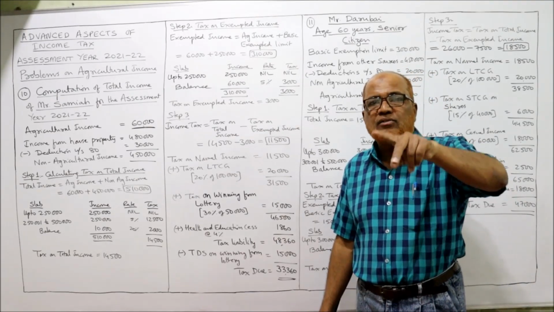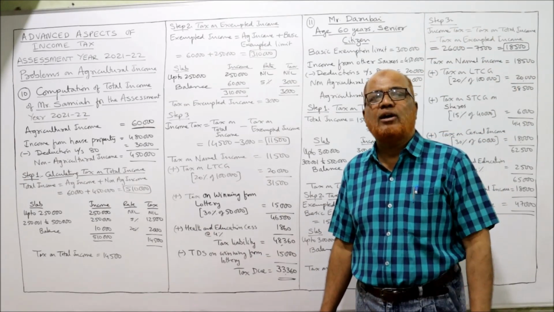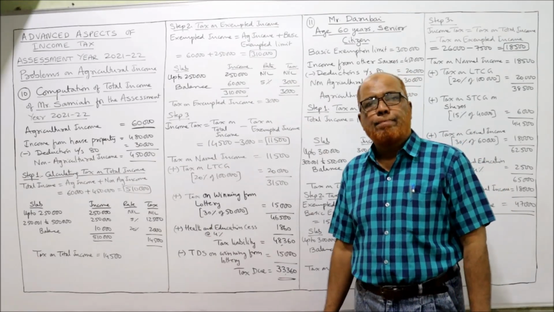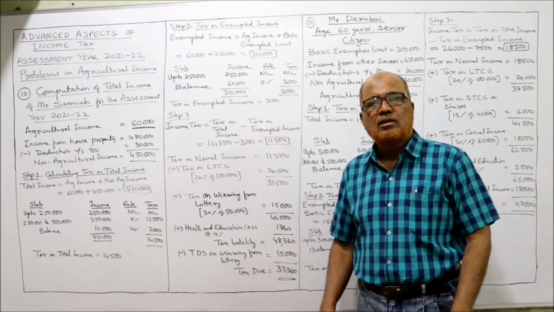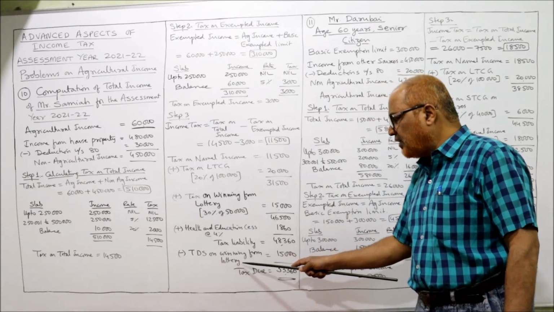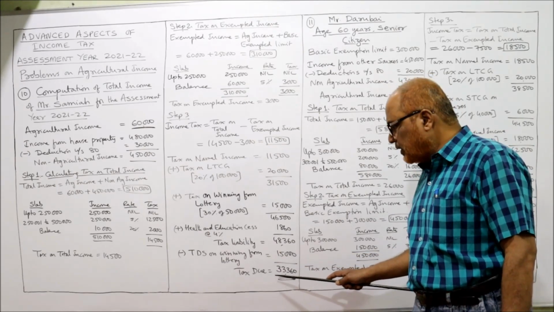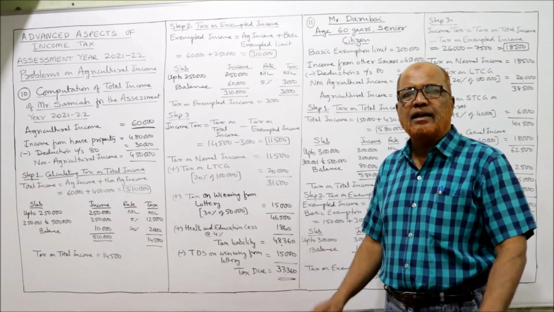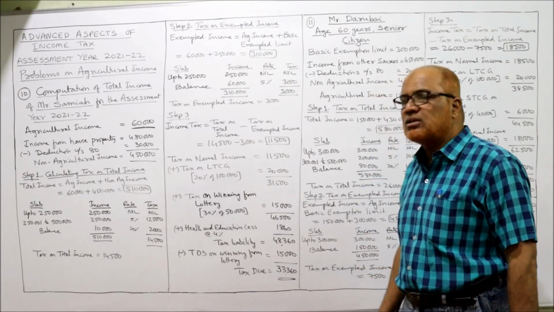So we assume that this 15,000 was already deducted by the issuing authority at the time of giving the winning. So already 15,000 rupees was TDS. This 15,000 we deduct. So now tax due is 33,360. Ultimately, the tax payable due is 33,360.